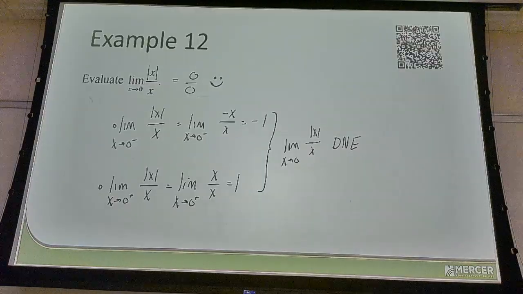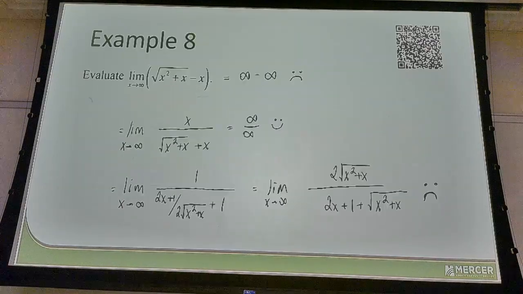The question is, will you encounter them in this class? I don't think so. So if we encounter an indeterminate form, chances are you're going to be able to rewrite it to get either 0 over 0 or infinity over infinity. But the question is still going to boil down to, do you want to use L'Hopital's rule or not? This one here, for instance, it was easier to use algebra than L'Hopital.